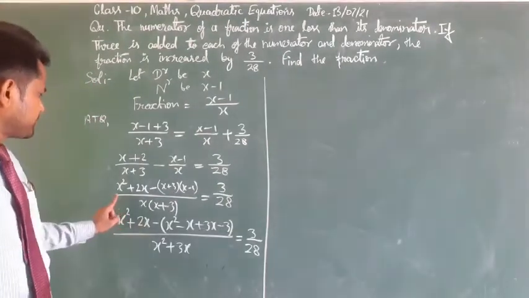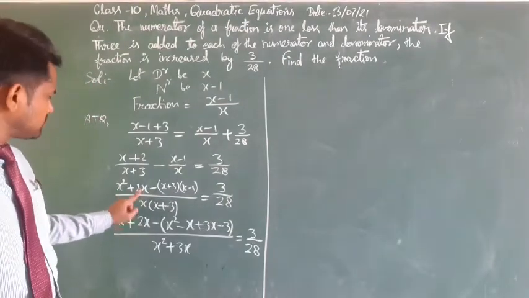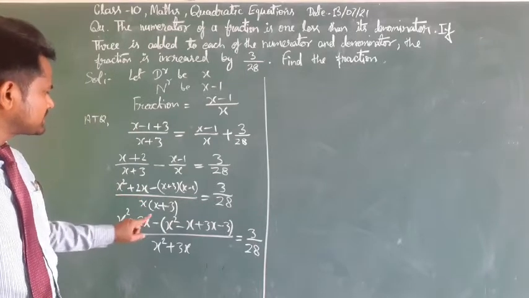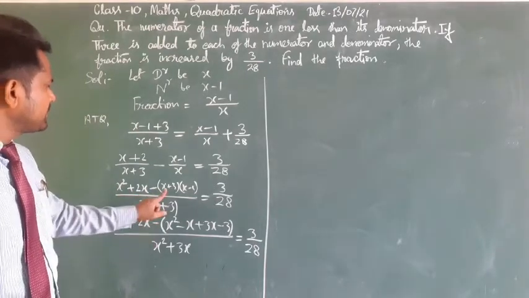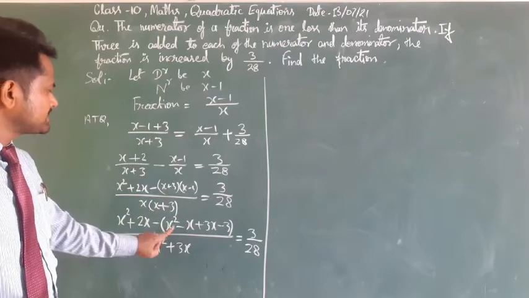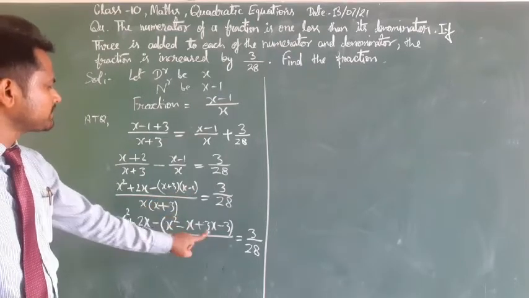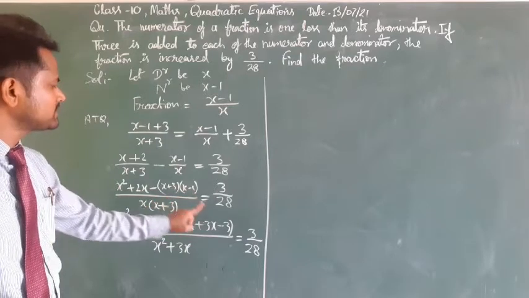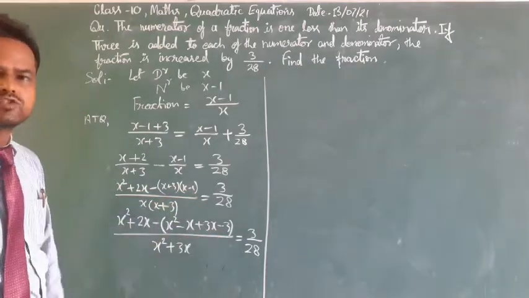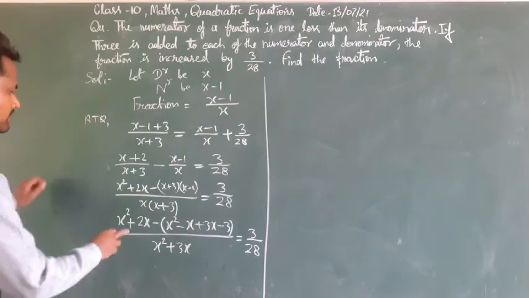x square plus 2x, minus: x into x is x square, x into 3 is 3x, minus 1 into x is minus x, and minus 1 into 3 is minus 3, upon x square plus 3x.